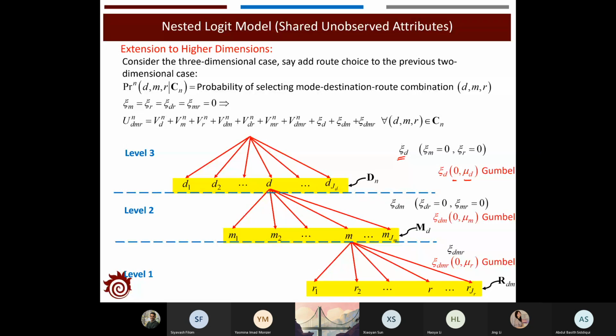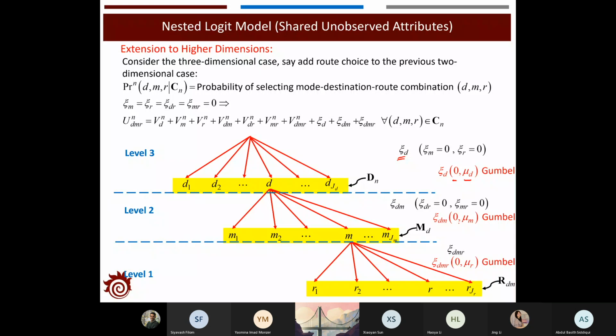And similarly for the other 2 variables, we assume that it follows the gamma distributions of 0 and mu m, 0 and mu r for epsilon dmr. So here we have 3 variables that we assumed for the gamma distribution, and those will be the variables we have to estimate in the calibration process.